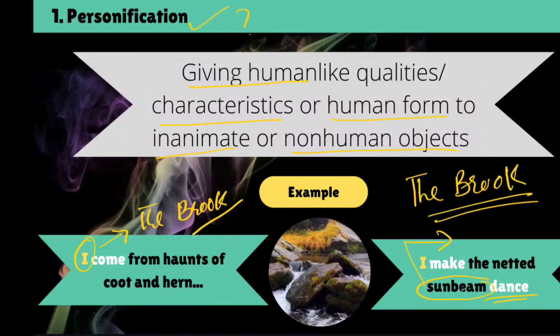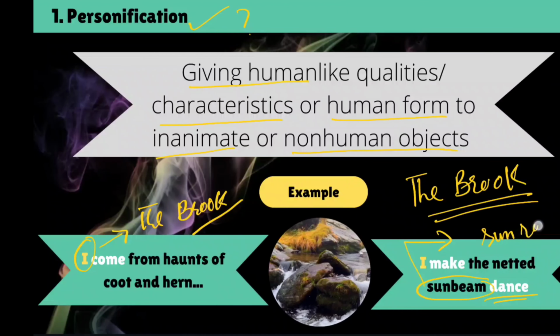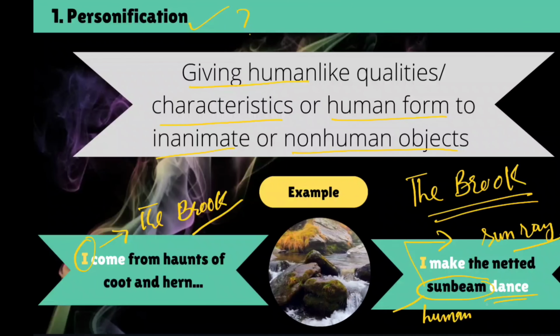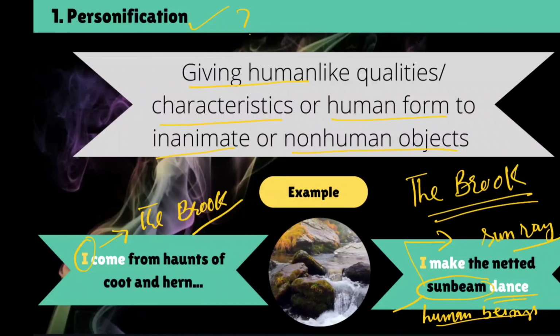Because it's not the quality of the sunbeam or the sun ray to dance. Whose quality is it? It is the trait of a human being, right? So when the traits of human beings are given to non-human or non-living things, we call that personification.